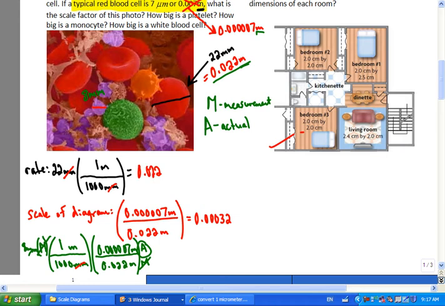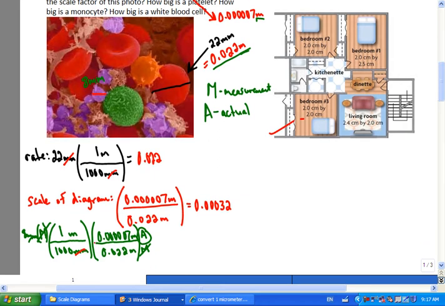Now I know this is a step further, so we are going to practice this some more, so just bear with me while we try it a couple more times. Okay? What you'll notice is this fraction that we just came up with, that corresponds with this one up here. Okay. So if I multiplied it through, I can figure out how big a platelet cell should be.